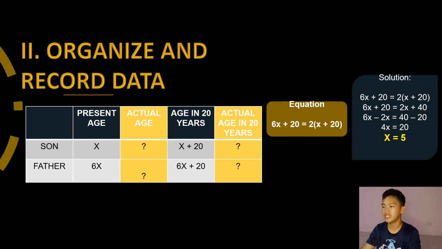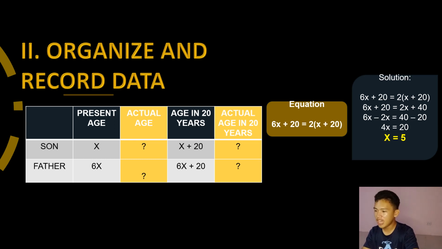So 4x is equal to 20. What are we going to do? Let's divide both sides by 4 to get x. So 4x divided by 4 is x, and 20 divided by 4 is 5. So the x here is 5.